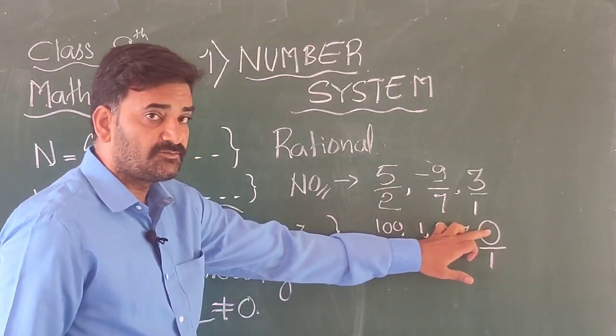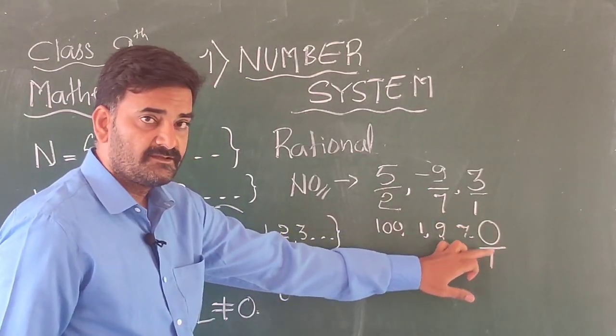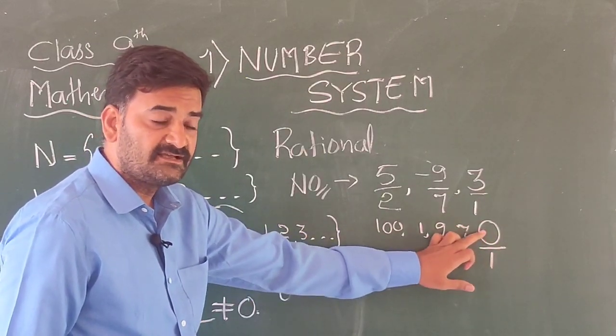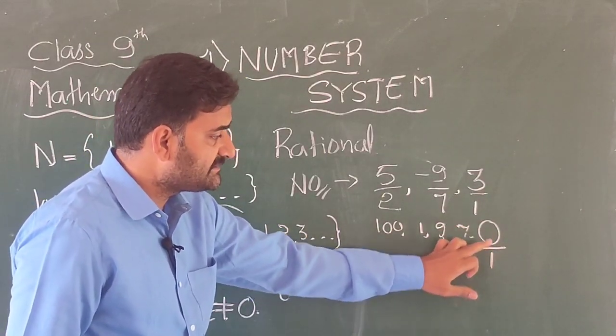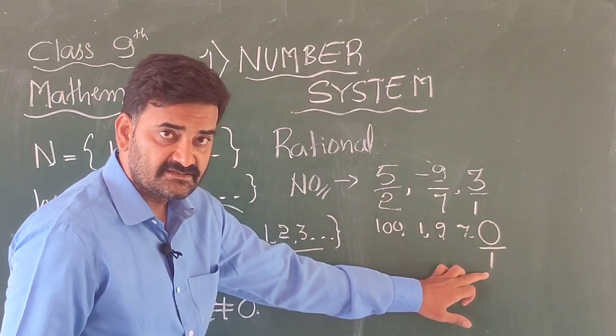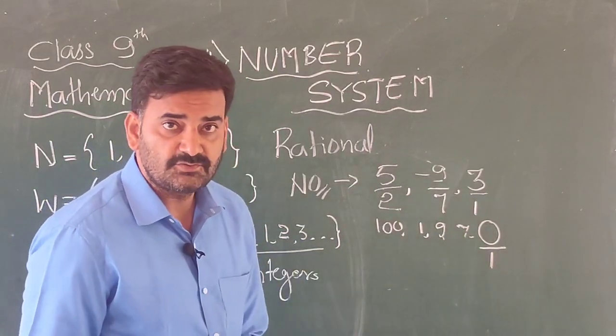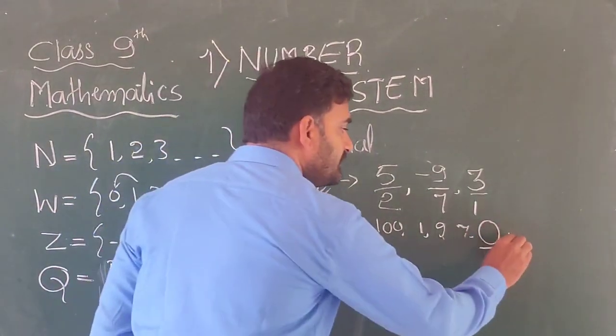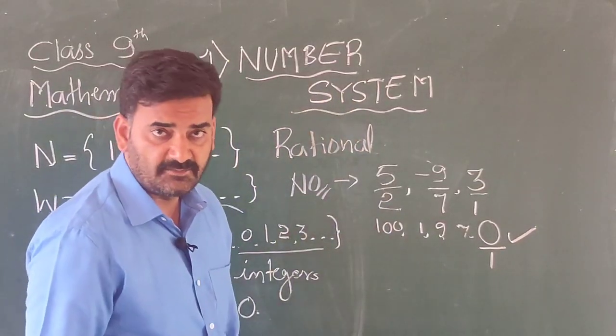So see here, 0, p, q. P is an integer, q is an integer, 0 is an integer, 1 is an integer, and the denominator does not equal 0. That's why 0 is a rational number.